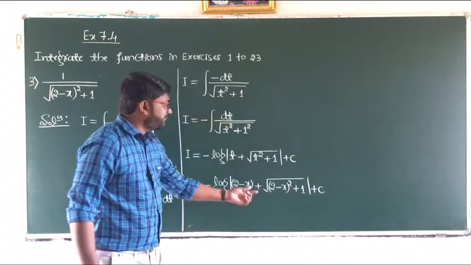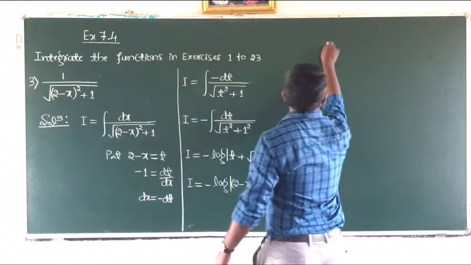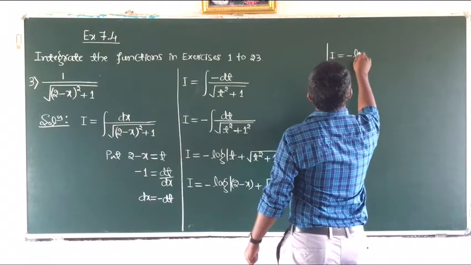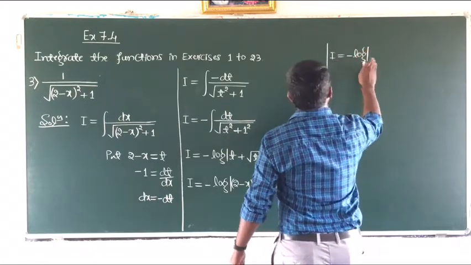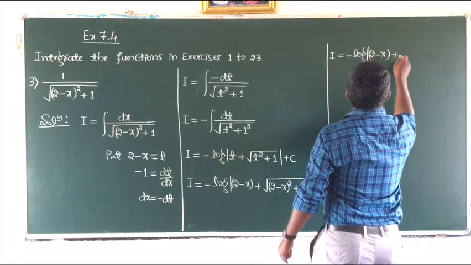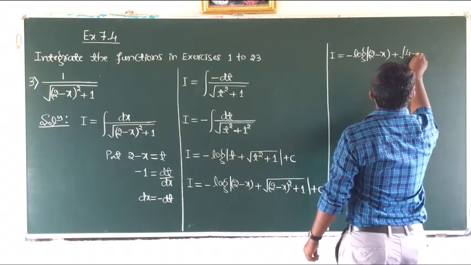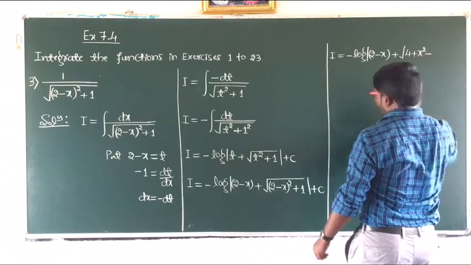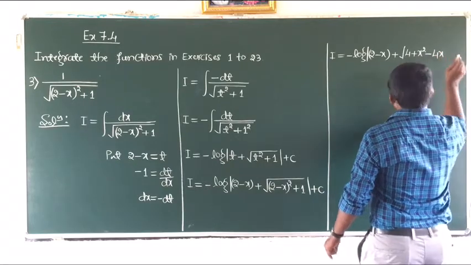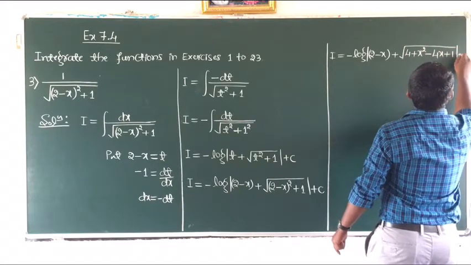So in the next step we have to expand this. It is in the form of a minus b the whole square. See here, I which is equals to minus log mod 2 minus x plus square root of a square, that is 2 square, it will be 4, plus b square, that is x square, minus 2ab, that is minus 2 into 2 into x, which is 4x, plus 1, plus c.